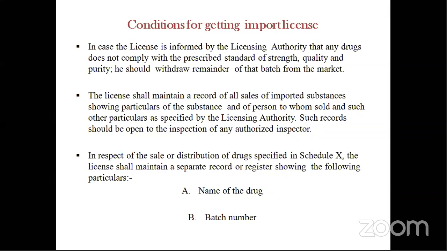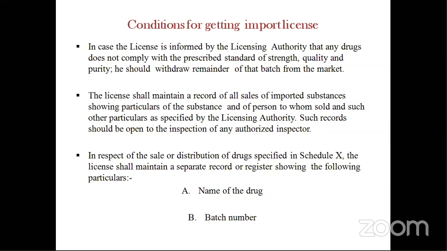What type of substances you import from the other country, whether drugs or cosmetics, you have to first categorize in a register or in small record books. You keep the record that you purchased these types of drugs on that date, from that company, at that time, and this is the full product criteria, and whether it matched with this criteria or not. You should write these parameters in the record books.